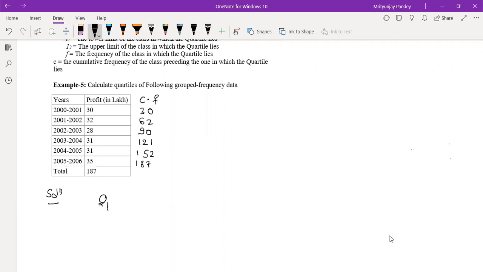Now find Q1. Here, N, I mean summation F, that is 187. This is odd. So first of all, calculate Q1. To find Q1, what is the formula of Q1?